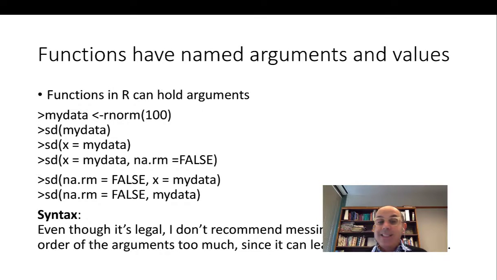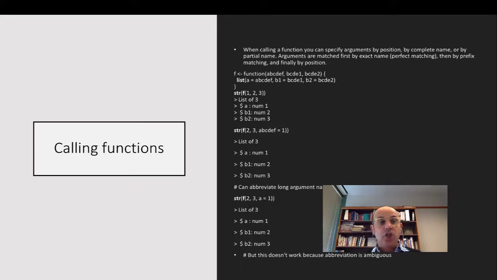So even though it's legal, I do not recommend messing around with the order of the arguments so much, since it can lead to some confusion for R itself. So be very strict about how you construct your arguments when using the function.